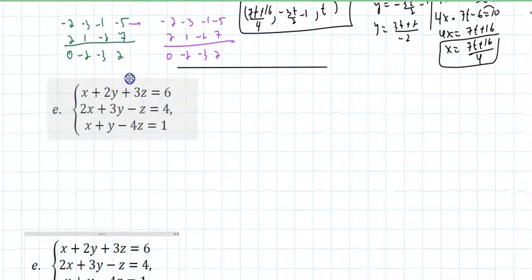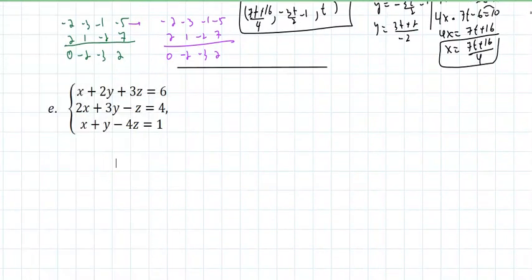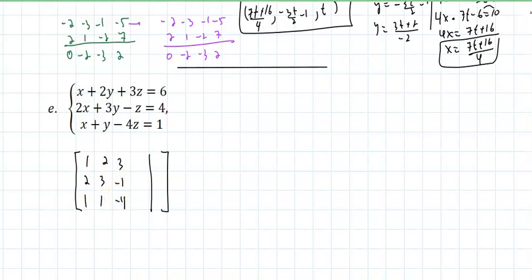And how about this problem? Well, again, the same deal. 1, 2, 1, 2, 3, 1, 3, negative 1, negative 4, 6, 4, 1. I messed up on the spacing. Well, first goal is to make that a 0 and that a 0.